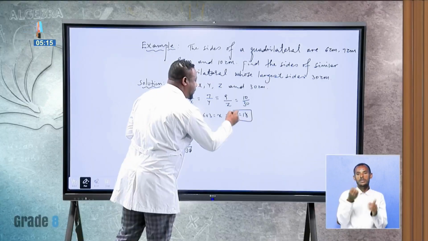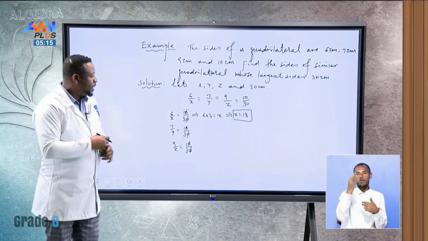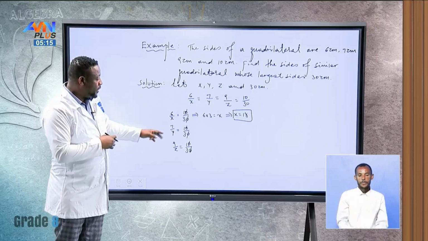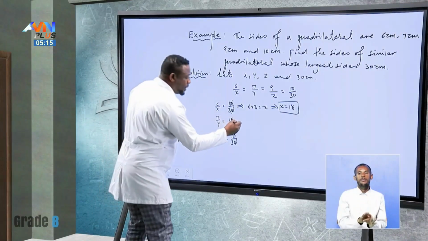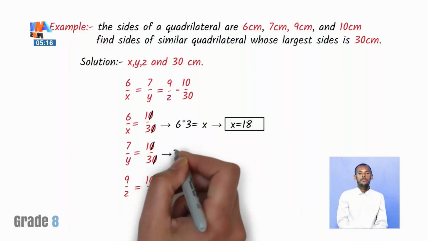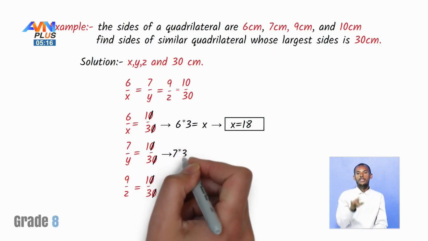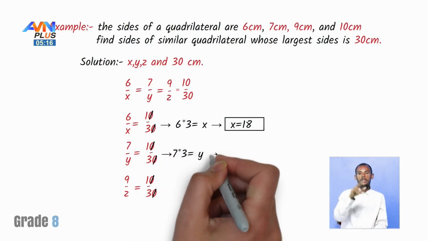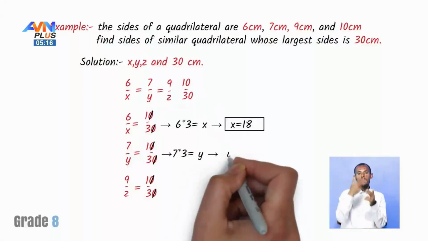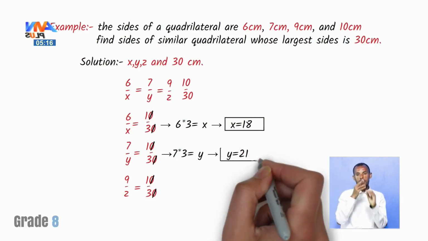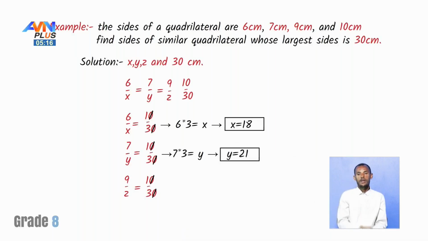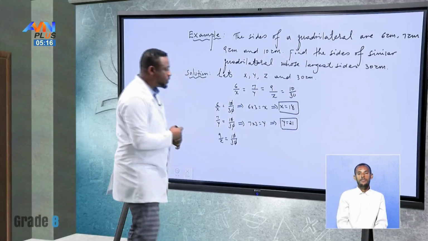So we have one of the sides. The second one, you can use crisscross. Then 7 times 3 is equal to Y times 1, which is Y itself. So the product of these two numbers is 21. So Y becomes 21.